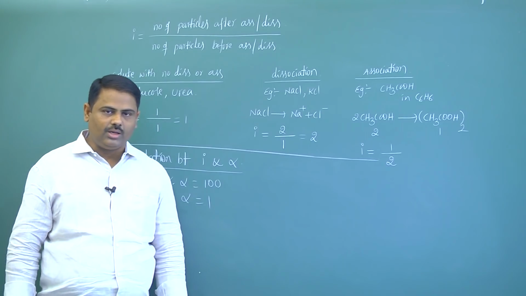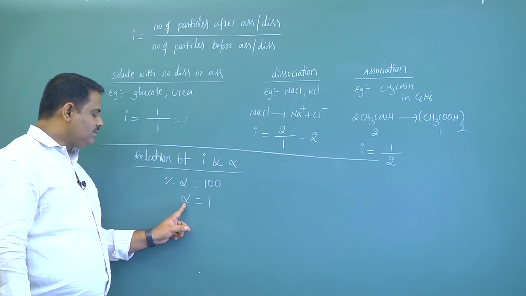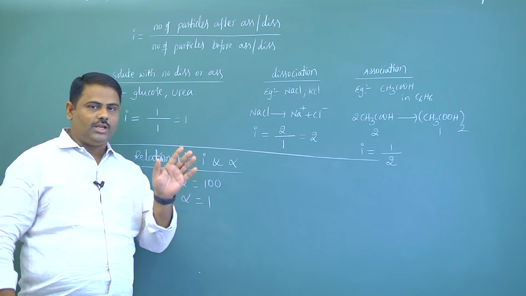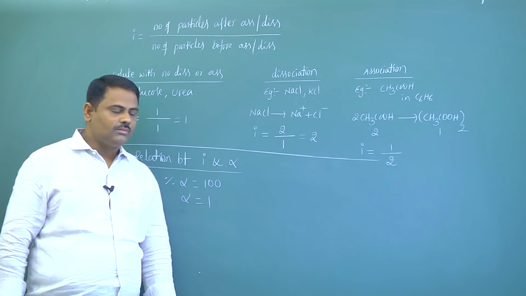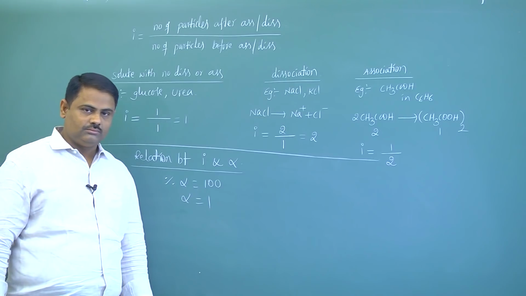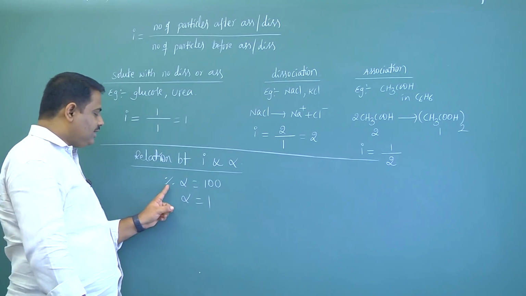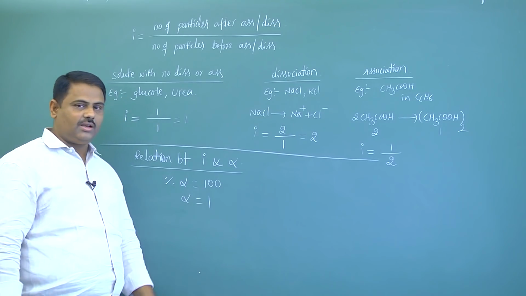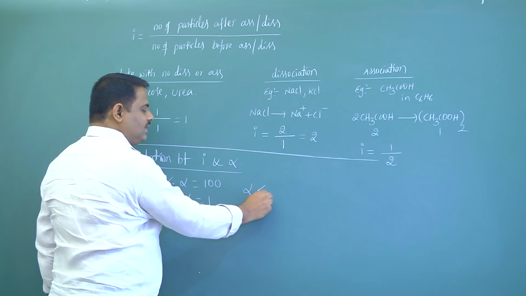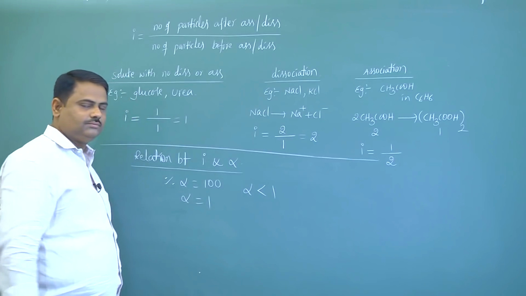Always remember, the degree of dissociation is exactly 1 for a given strong electrolyte. If a weak electrolyte is taken, the percentage degree of dissociation is less than 100, that's why alpha is less than 1 here.